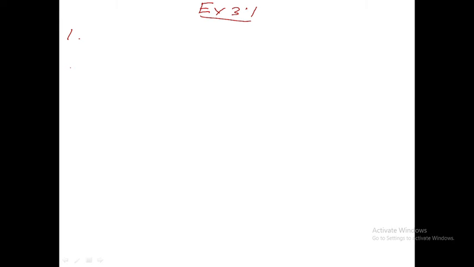The question is: using the method of mathematical induction, show that 1 plus 3 plus 5 plus dot dot dot plus (2n minus 1) is equal to n square, for n belonging to natural numbers.